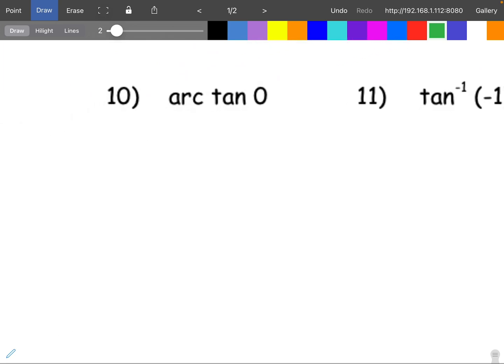All right, so let's take a look at a few more of those, because like I said, those are going to take a little bit more thought. So we have arctangent again, so we know that that has to occur in quadrants 1 or 4. Cannot be on the y-axis, but it could be on the positive x-axis. Now, I want to know where tangent would be 0. Well, think about it.